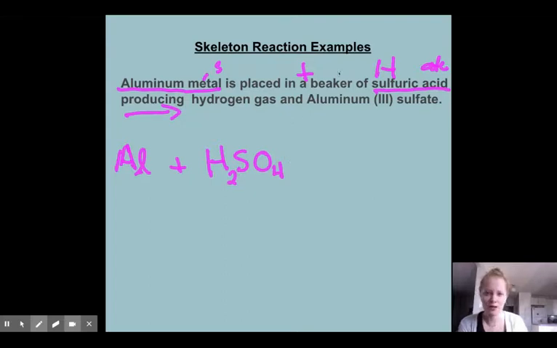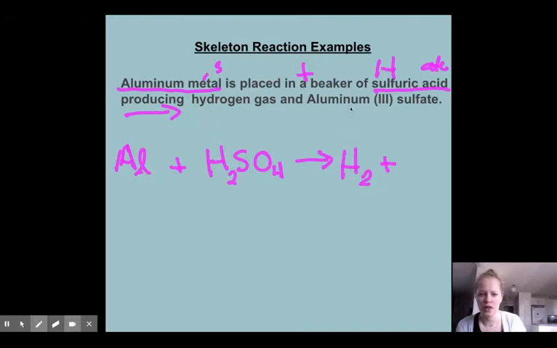Okay, so aluminum mixed with sulfuric acid produces hydrogen gas. Hydrogen is a Hofbrinkel, it fits into that diatomic, so it's H2. And it produces aluminum sulfate.